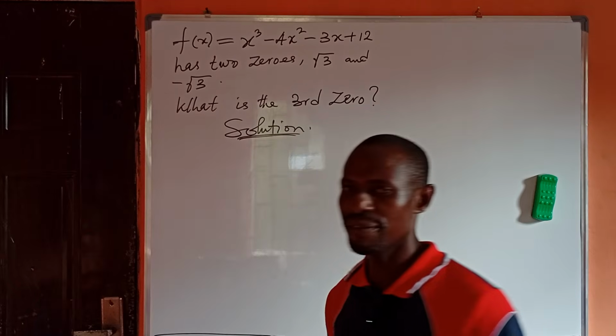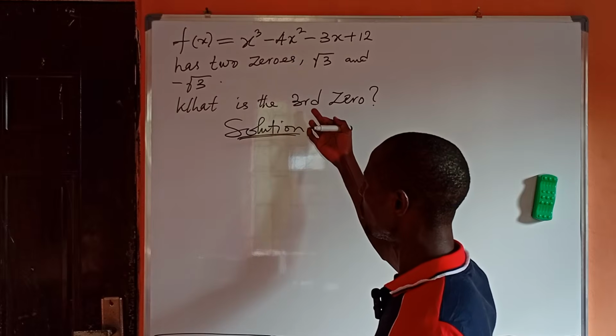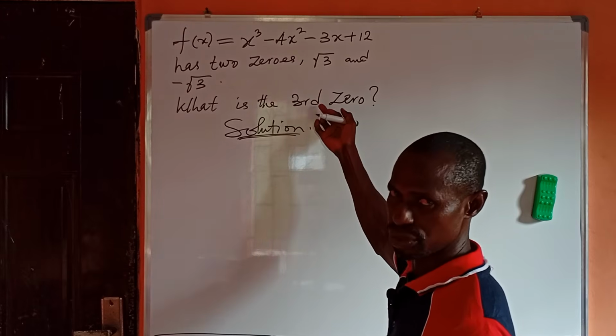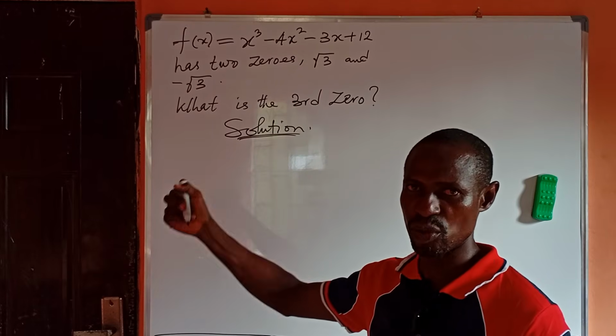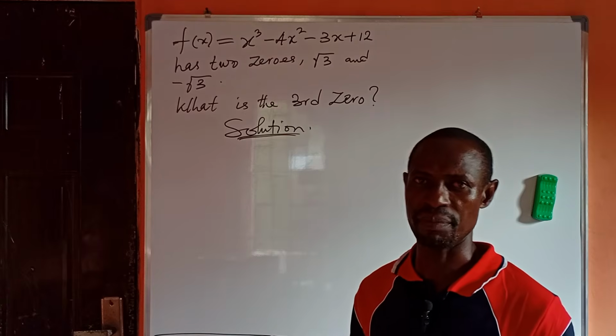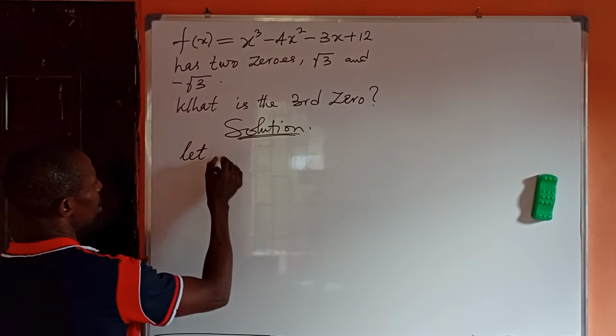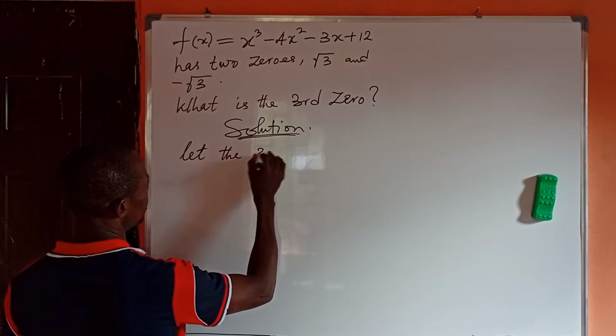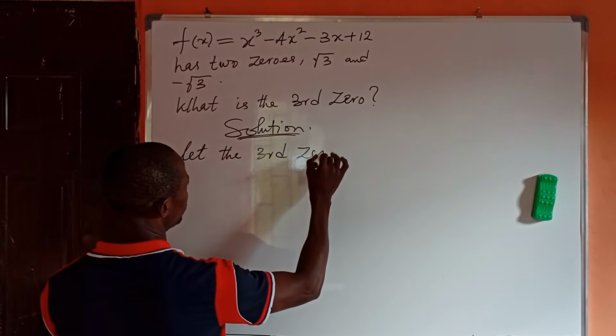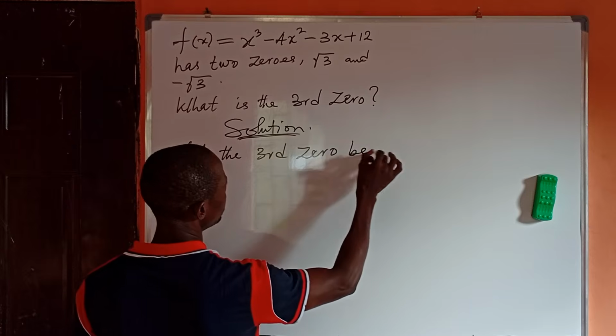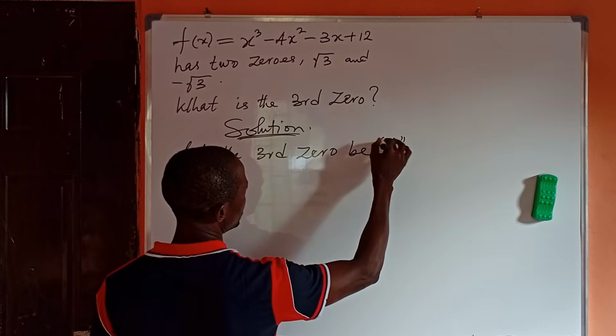So the first thing we're going to do here, we don't know the third root or the third solution, and so we're going to use an alphabet to represent it. Let the third zero be t.